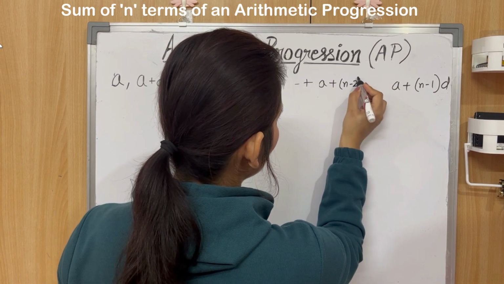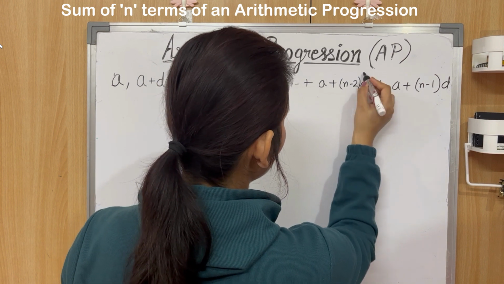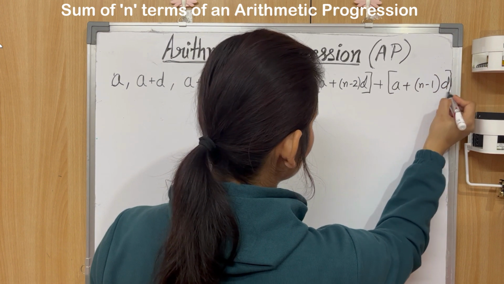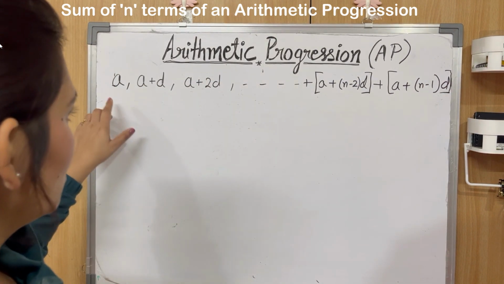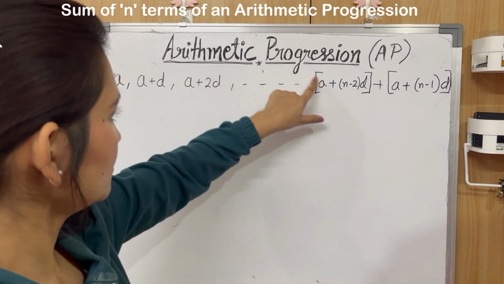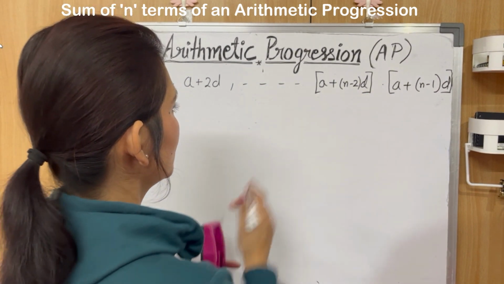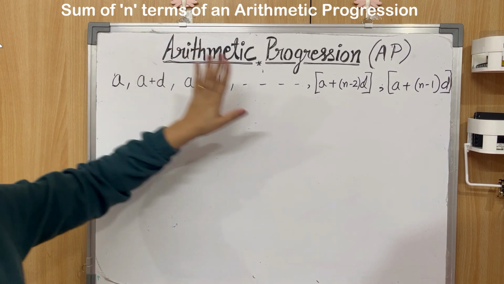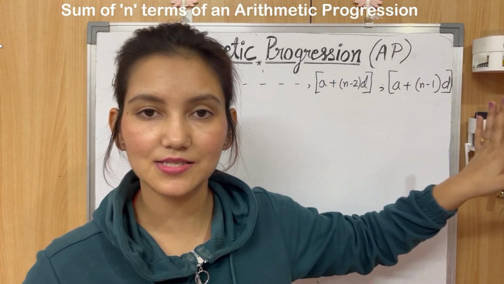So this is the second last term and this is the last term, right? This is an AP in which the first term is there, second term, third term, and so on, second last term and the last term, right?